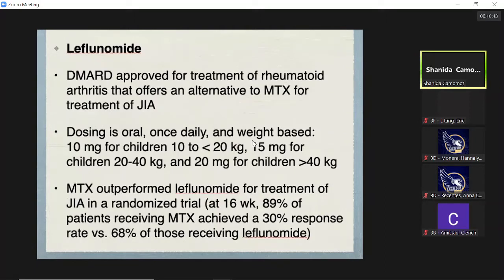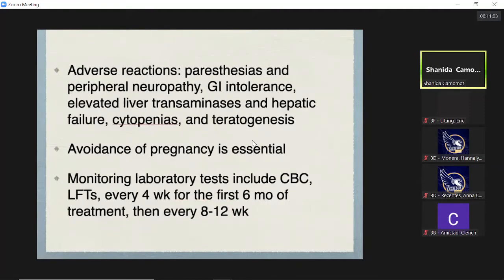In studies, methotrexate was outperformed by leflunomide for treatment of JIA in a randomized trial, with a 30% response rate in methotrexate versus 68% of those receiving leflunomide. Adverse reactions of leflunomide include paresthesias, peripheral neuropathy, GI intolerance, elevated liver enzymes, hepatic failure, cytopenias, and teratogenesis. Again, avoidance of pregnancy is essential.